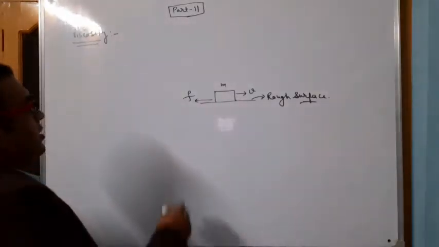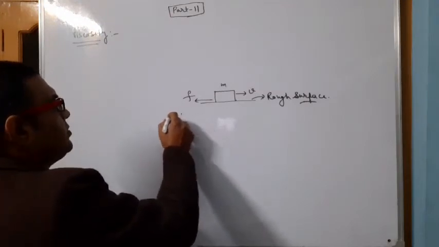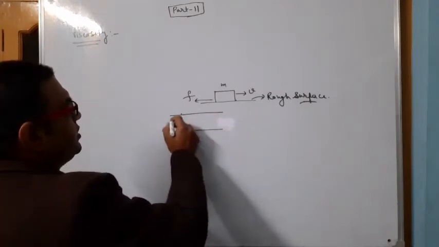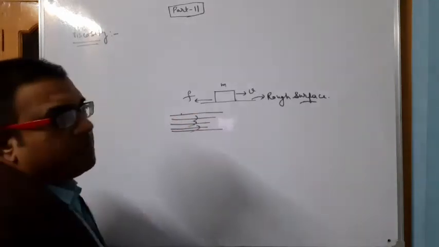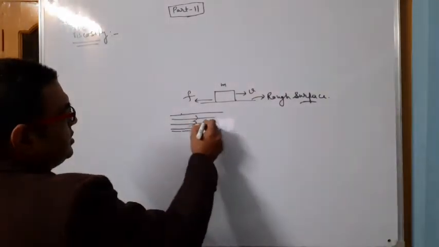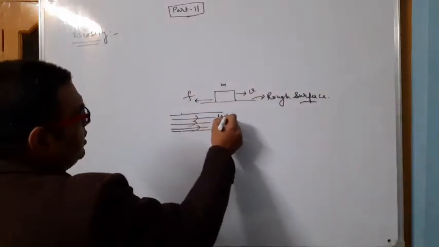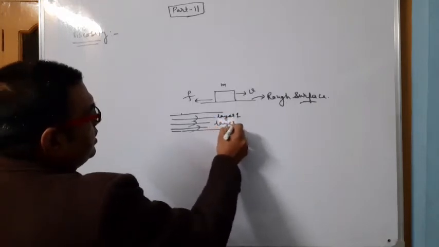Similarly, suppose a fluid is flowing in a tube, and suppose this is layer 1 and layer 2.